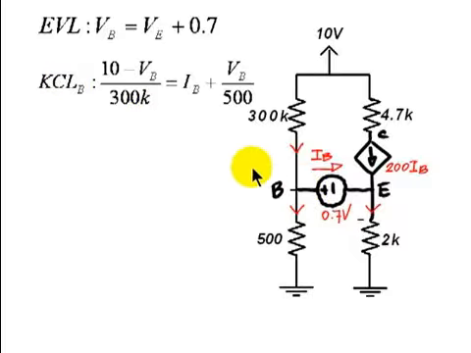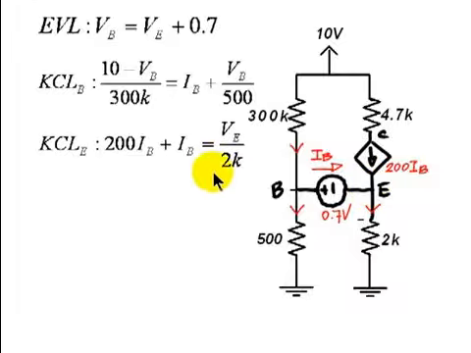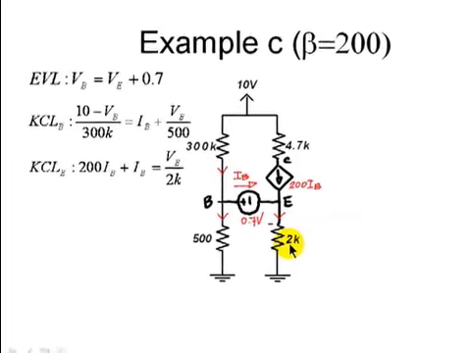One for the base node, currents going in, only 110 minus VB over 300 kilo ohms over here, and that is equal to currents leaving, the base current IB plus the current through R2, VB over 500 ohms. And the other KCL equation for node E here, currents going in, 200 IB plus IB, currents leaving, only this one, VE over 2000 ohms.